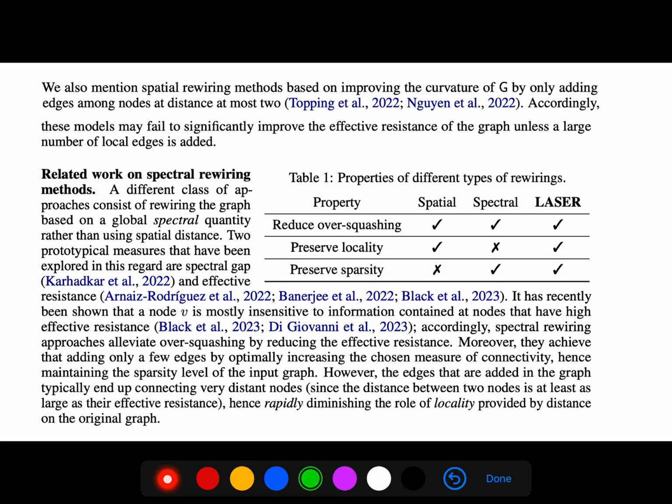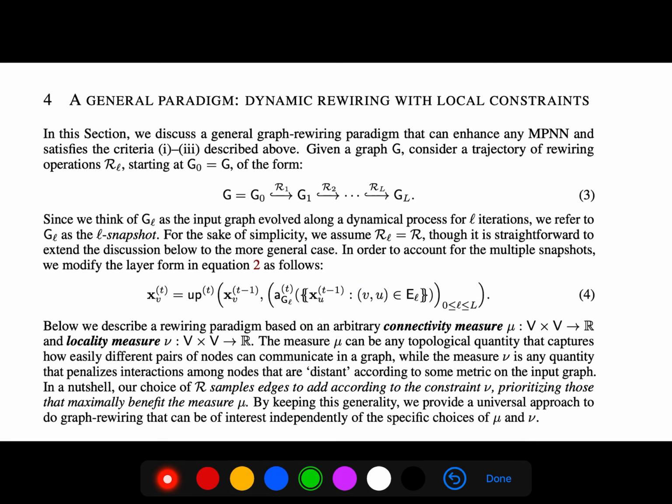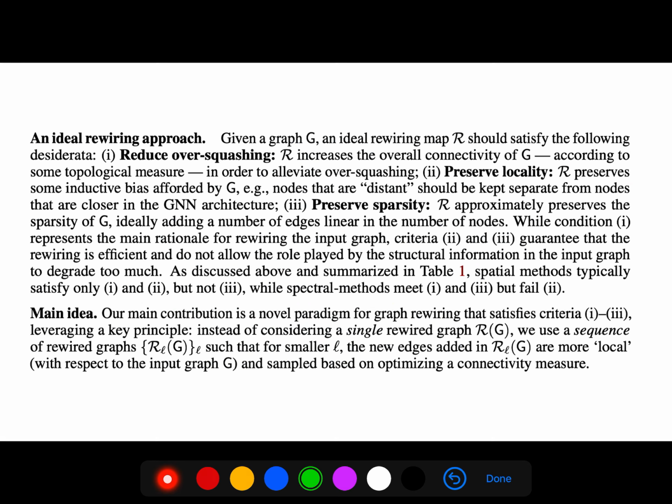Now you see properties of different types of rewiring. LASER has all of these three things: reduces over-squashing, preserves locality, preserves sparsity. So the main contribution is this novel paradigm for graph rewiring that leverages a key principle.